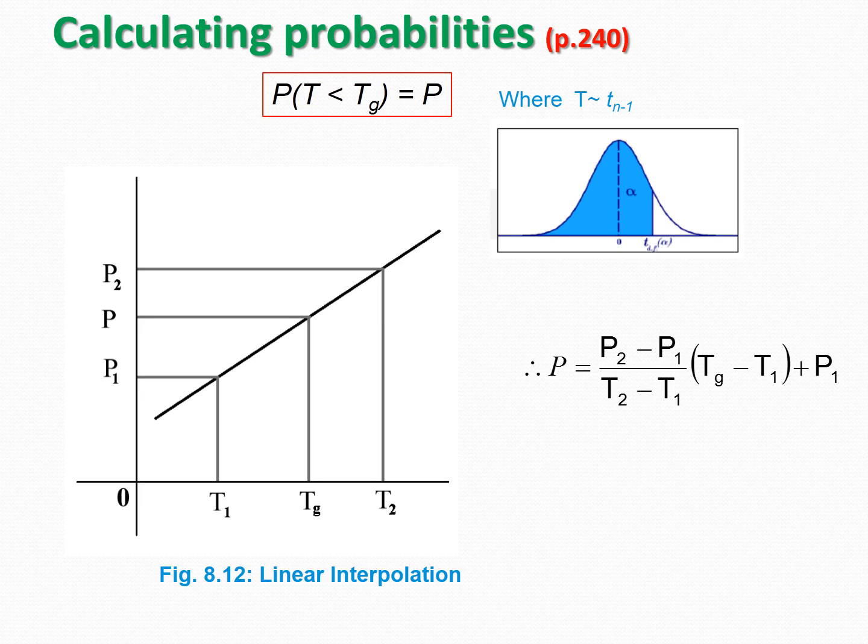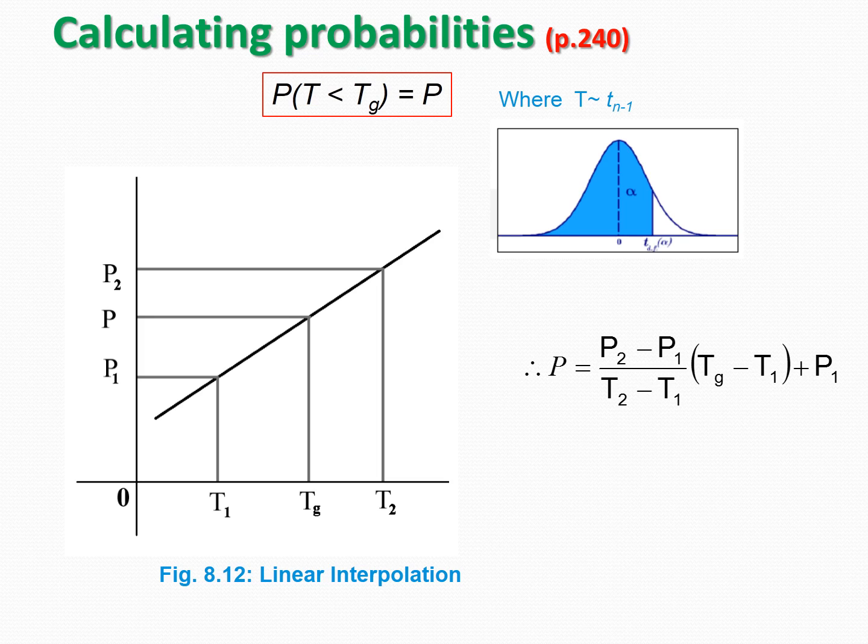For the t-distribution, we want to calculate the probability that our random variable t is less than some critical t value from our t-table, where t follows a t-distribution with n-1 degrees of freedom. Now, in your t-table, the probability values are only given to the left-hand side of a positive critical value. So, if you want to determine the probability to the right-hand side, you will have to say 1 minus the probability that t is less than that critical t value.